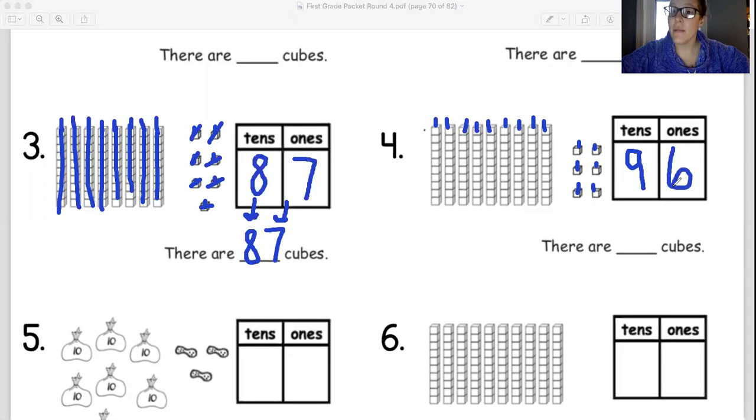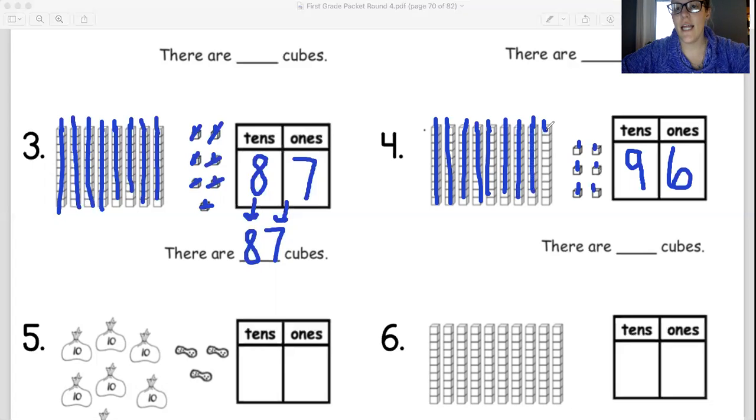Let's count up how many cubes we have all together. 10, 20, 30, 40, 50, 60, 70, 80, 90, 91, 92, 93, 94, 95, 96.